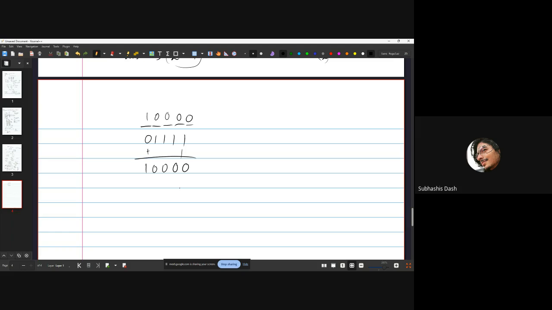So since we are getting the same number back, and since this part is always going to be negative, like the 1 indicates that this is going to be negative, can I say that this number is always going to be negative? It cannot be positive at all.